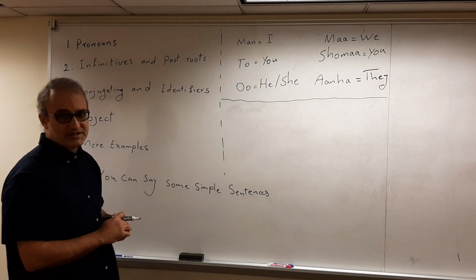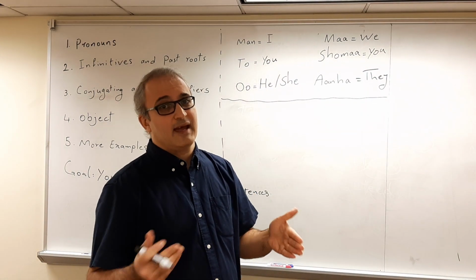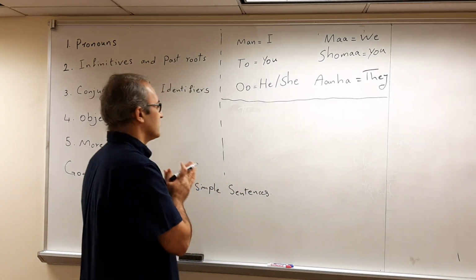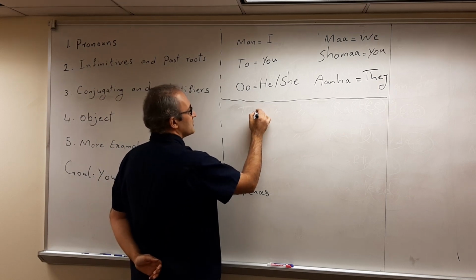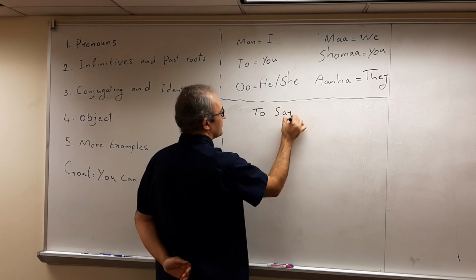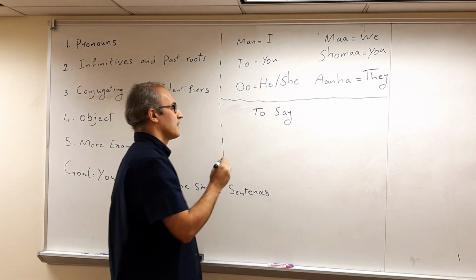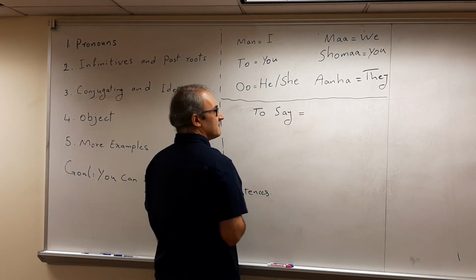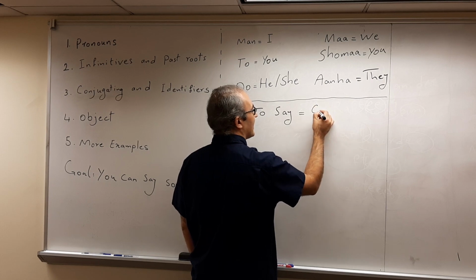Infinitives in Farsi, I will explain with an example. I think that's better for you. For example, to say. This is an infinitive in English. To say in Farsi means گفتن.